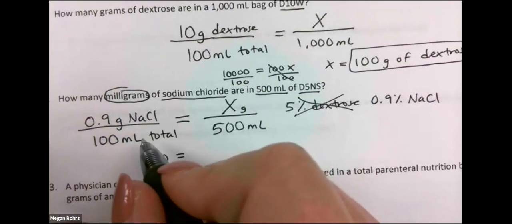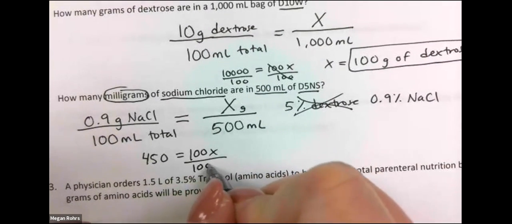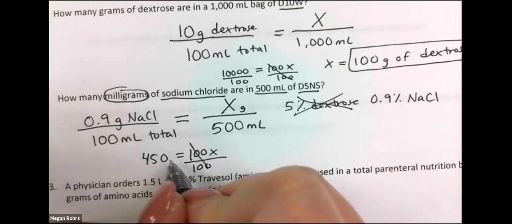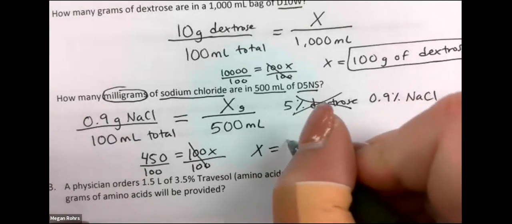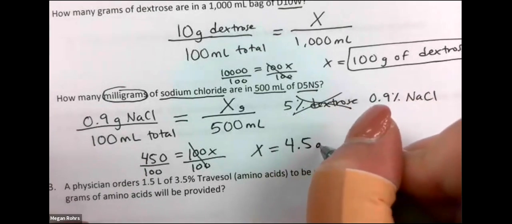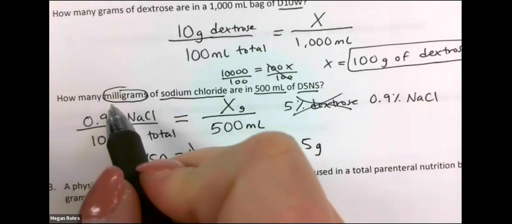Set that equal to 100x. And then we divide by 100 to get x by itself. So 450 divided by 100 gives us 4.5 grams, which we need milligrams.